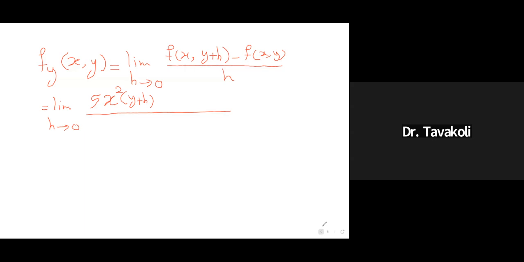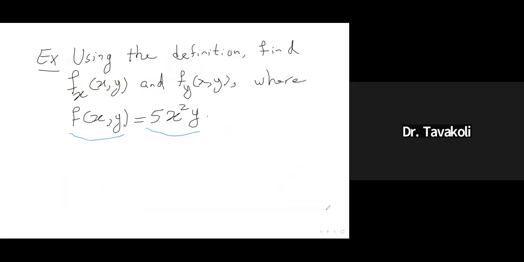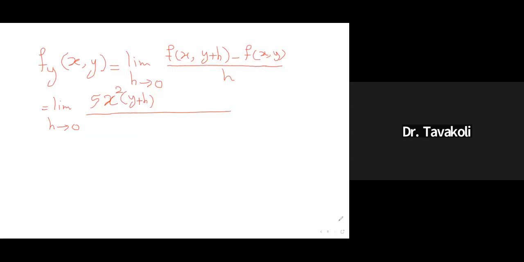The definition of the function f of x and y is 5 times the first coordinate squared times the second coordinate. So for that reason, f of x and y plus h is 5 times x squared times y plus h. Minus f of x and y, 5x squared y, divided by h.